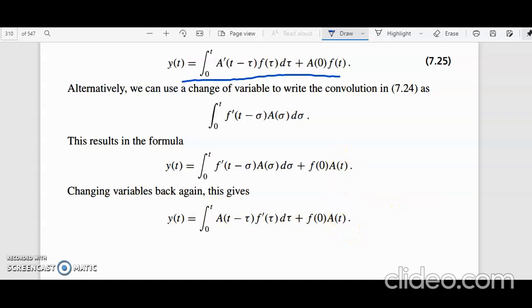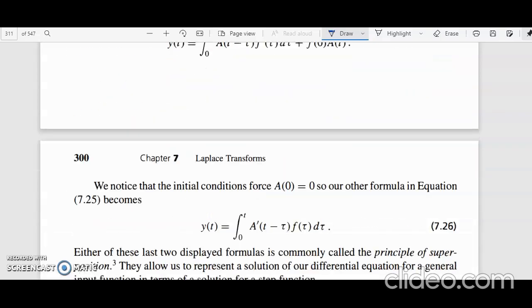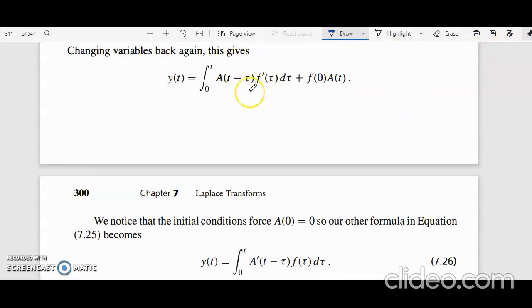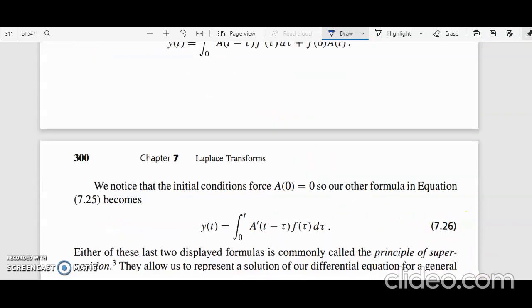Which integral to use depends on which one is easier to integrate for our function. And now we have a of 0 equal to 0. So therefore y of t will reduce to the form integral 0 to t a dash of t minus tau f of tau d tau.